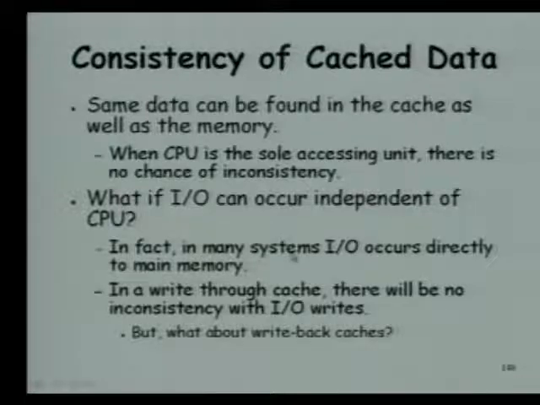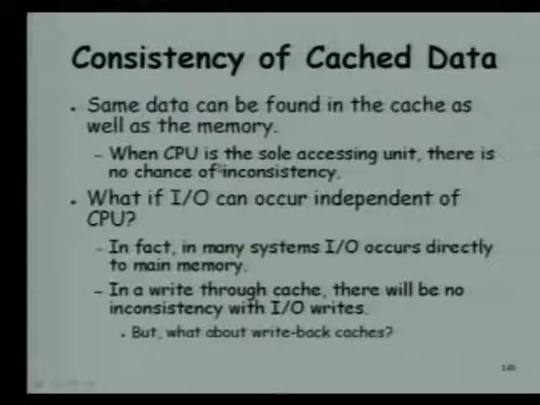So, in most modern systems, the I/O occurs directly to the main memory. As a result, there is a problem of data becoming inconsistent. The data present in the cache is different from that present in the memory, because the memory was updated by I/O and not the cache.